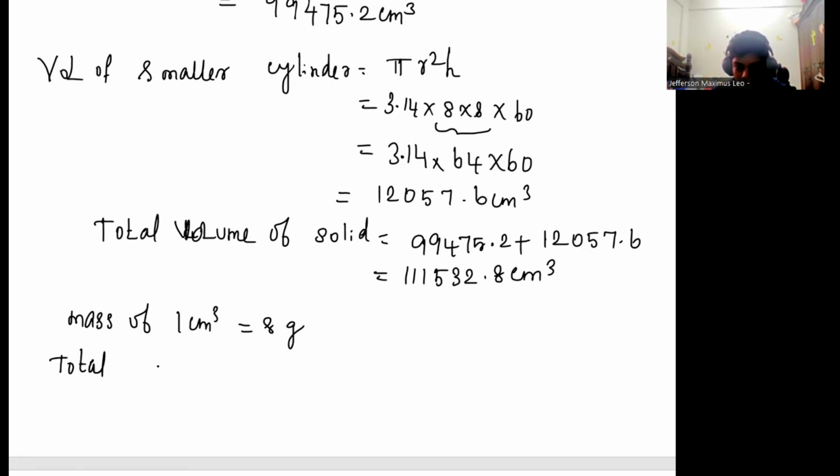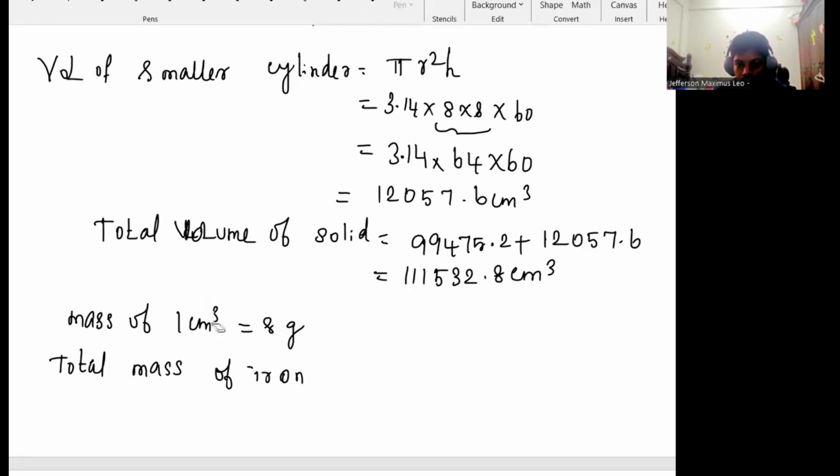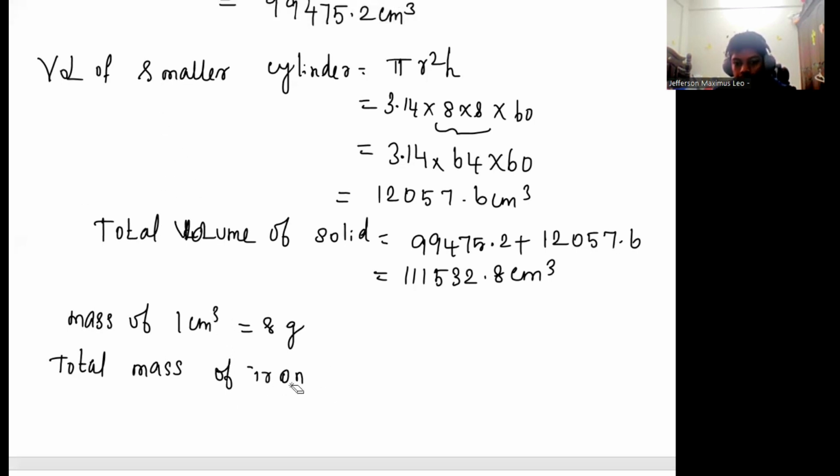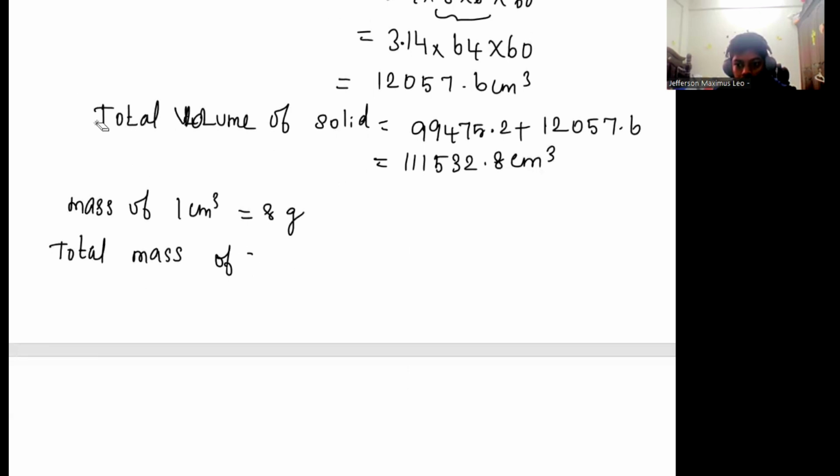So the total mass of iron is equal to 111532.8 times 8.